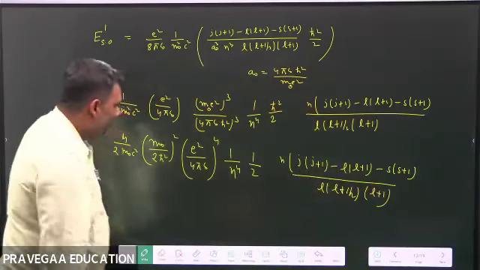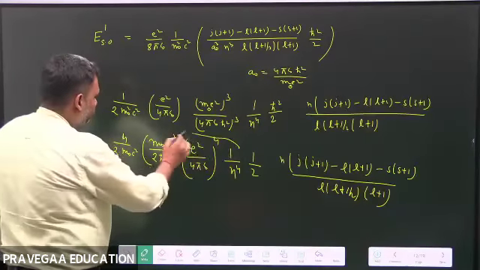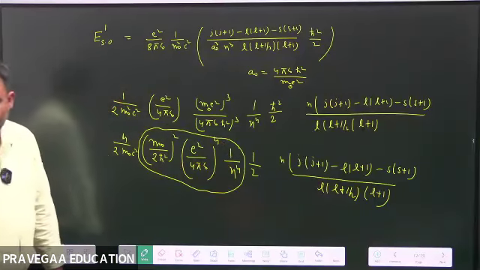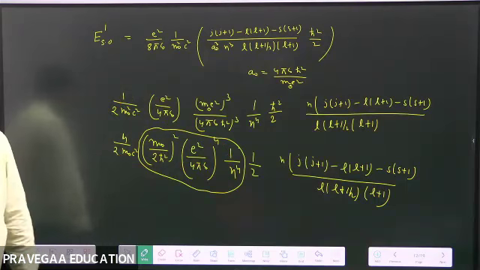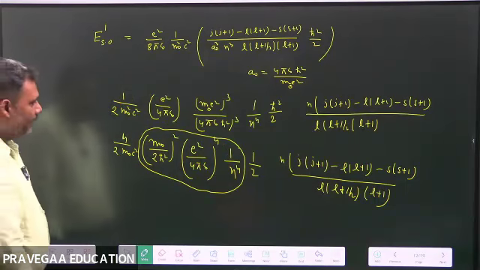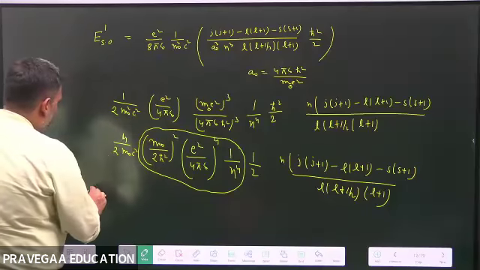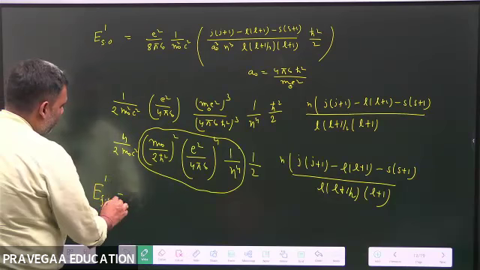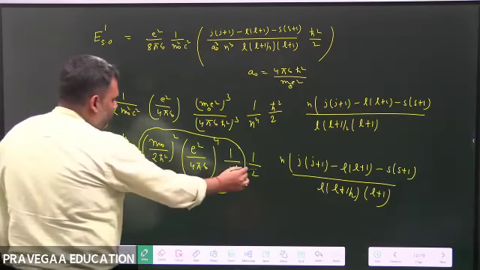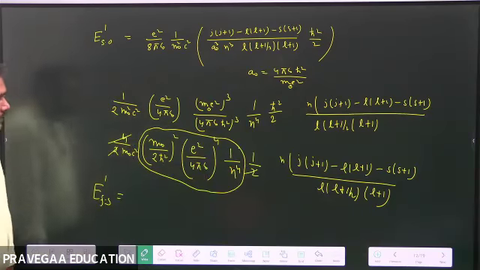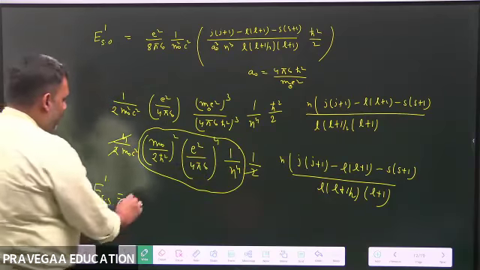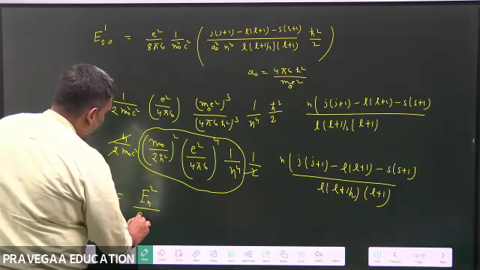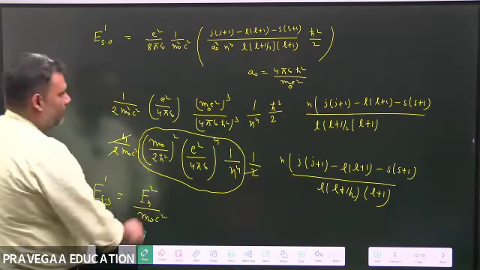So now this whole term is nothing but what? E n square. This whole term has come in terms of what? E n square. So your E fine structure 1 is something, and this 2, this 4 cancel out, and we have basically E n square by m naught c square.